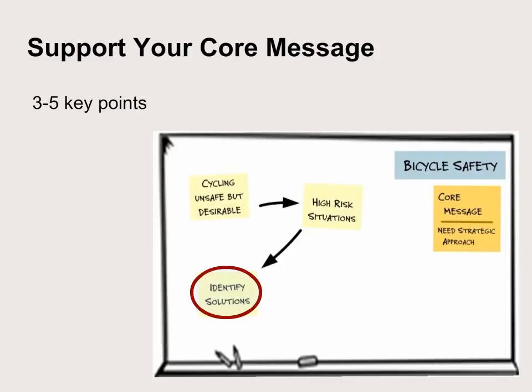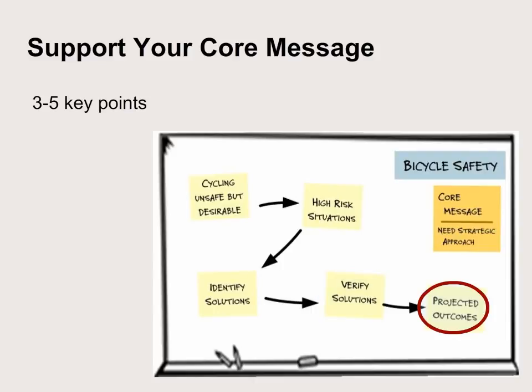I will identify potential solutions. I will verify that the solutions work. And finally, I will discuss the projected outcomes of improved bicycle safety. So now I have 5 key points, but on their own they do not do much.